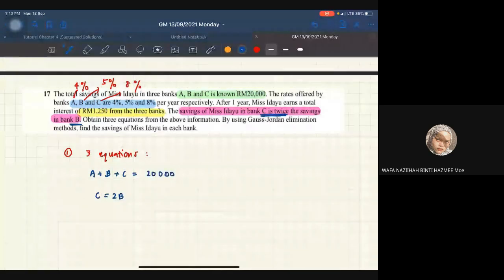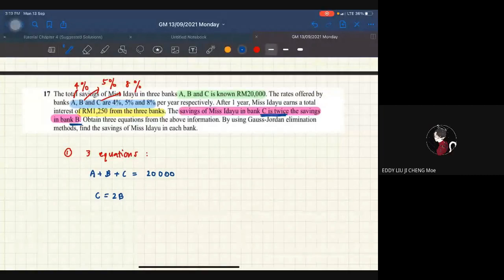Okay, so the next equation. Apa yang awak boleh dapat? What is your next equation? Anyone want to try? 0.4 plus 0.5. Is it 0.4? Because 0.04, I just times 10 already.